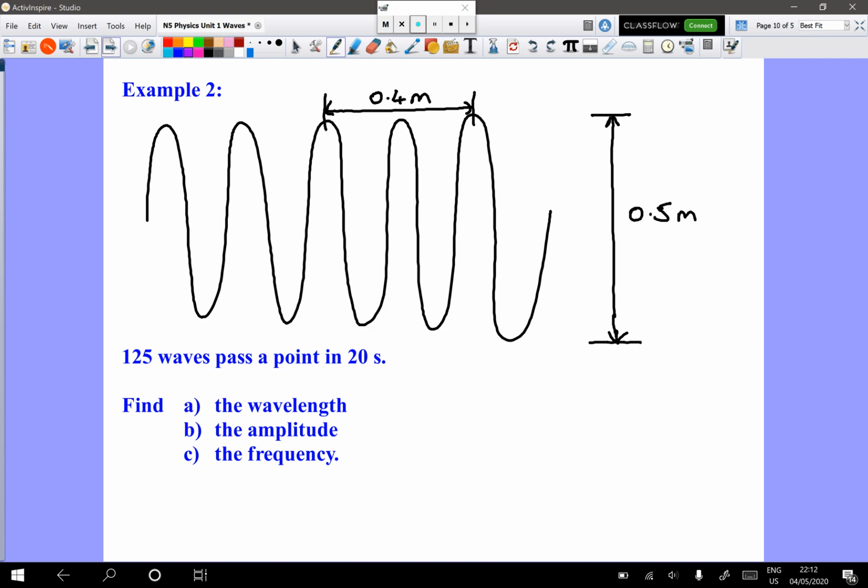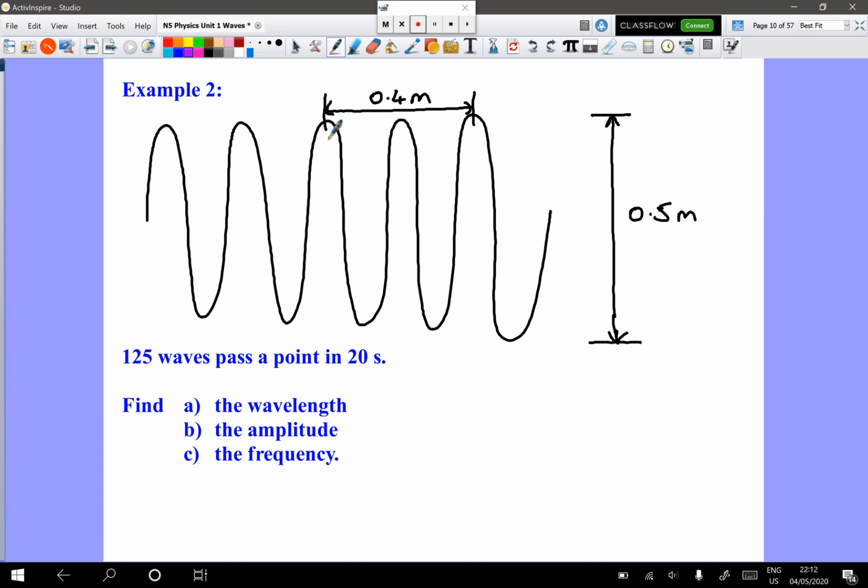Example 2, it's a wee bit more complicated looking. We've got more waves within here, but the good thing about this is that we're not given the full distance of this chain of waves here. We're only given a portion of that, which does make it a little bit more manageable. So looking for the wavelength first of all, it tells us we've got 0.4 meters here.